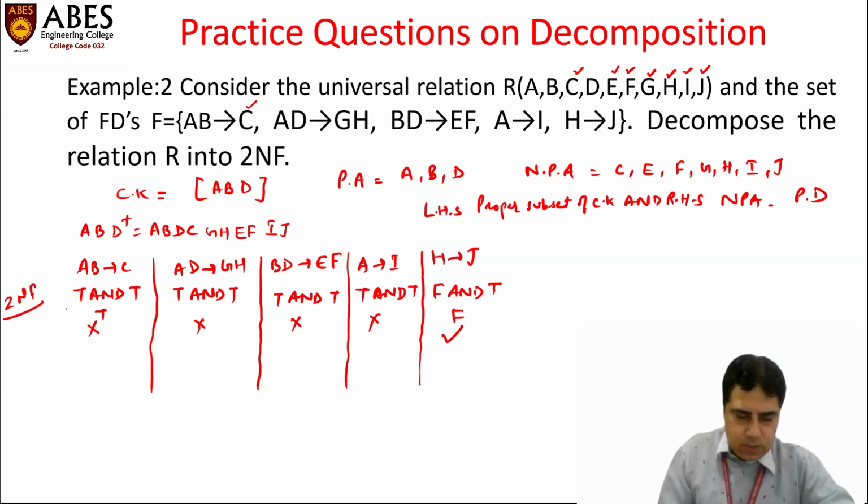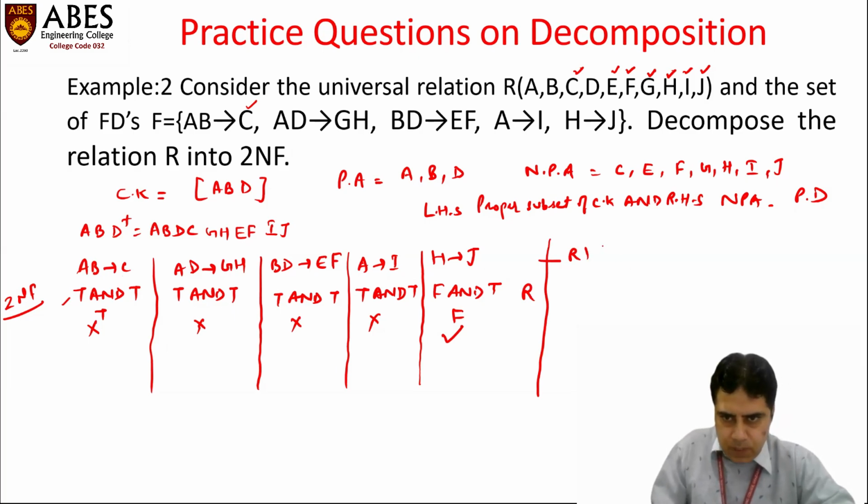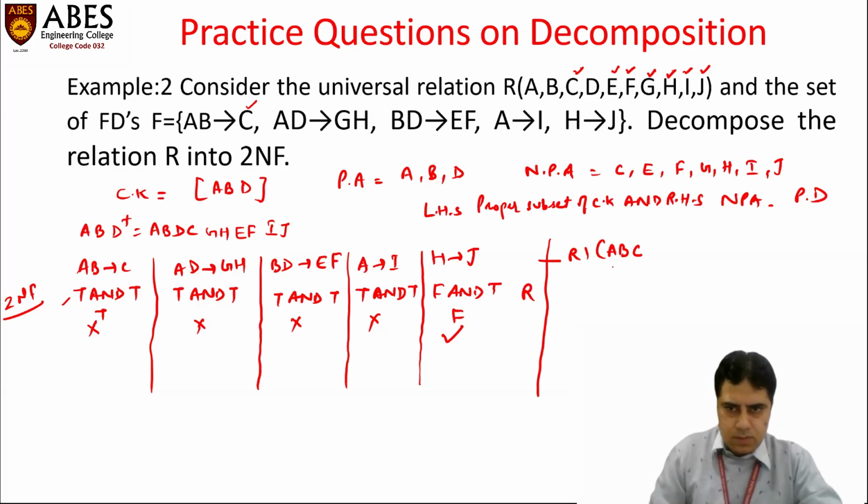Now, first we will decompose the relation R into R1. So R1, AB determines C, A, B, C. From A, we can determine I, so we can include I here.